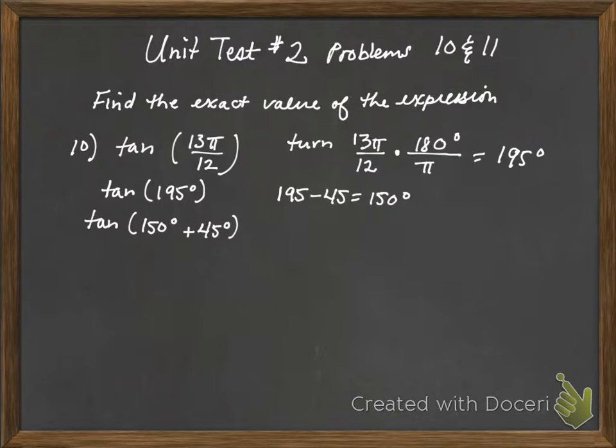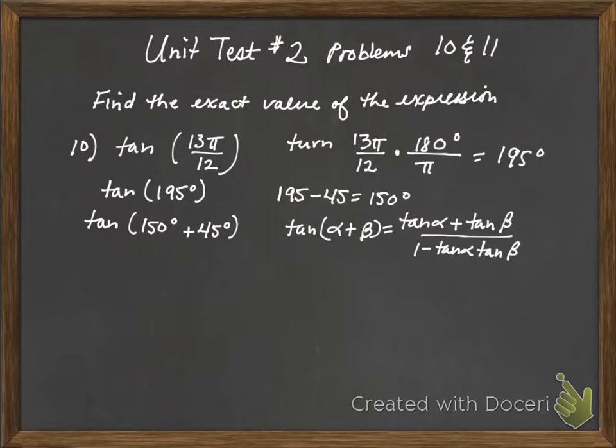So the formula that allows me to add these two values together is tangent of alpha plus beta equals tangent alpha plus tangent beta all over 1 minus tangent alpha times tangent beta. Okay, so alpha is your first term and beta is your second term. So let's go ahead and plug and chug.